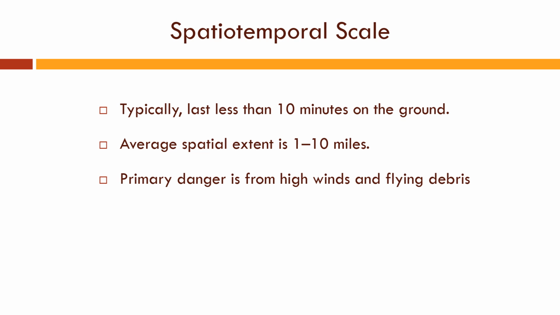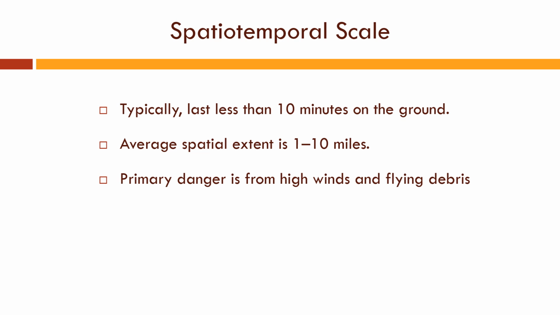Most of you are probably aware that with hurricanes, we have a ranking scale. We have category 1 through category 5. Hurricane Katrina, I believe when it made landfall, was a category 3, and Hurricane Harvey was a category 4, I believe. We also have a scale for ranking tornado severity. It's called the Enhanced Fujita Scale.